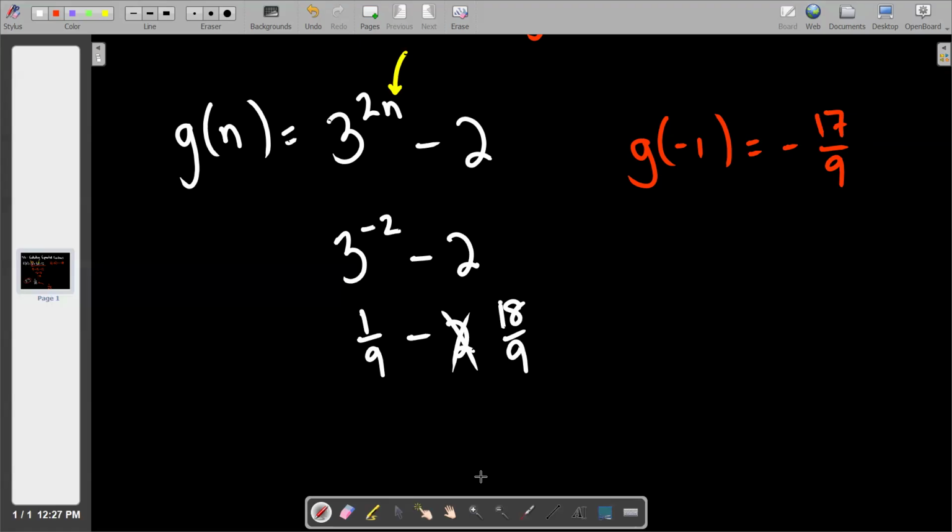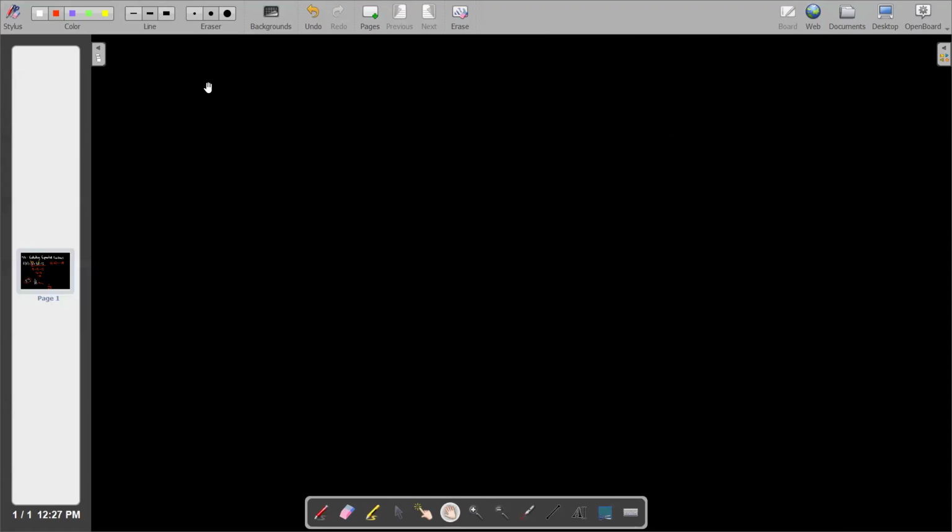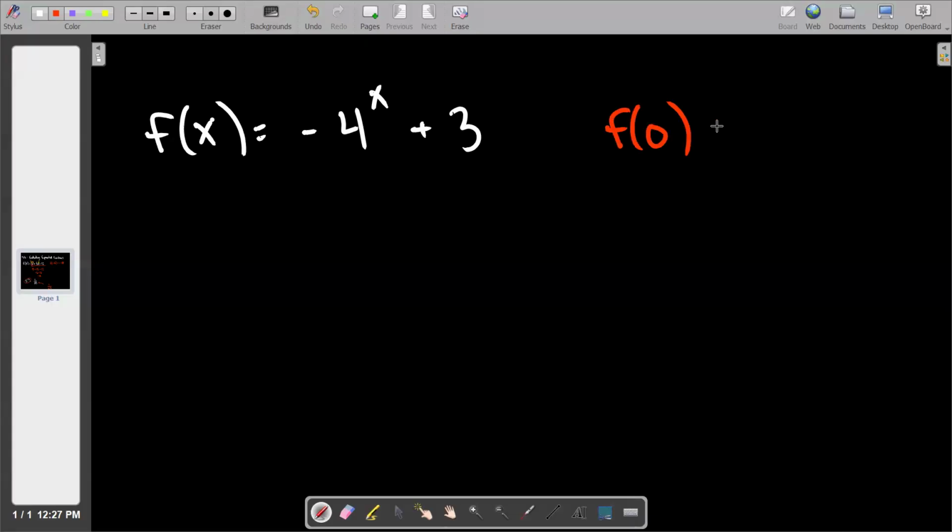Let's try another one. So here we have a function named f. It is a function of x's. It says, feed me x's. And we have the opposite of 4 to the power of x, plus 3. And we're going to find f of 0. So our feeding slot is right there.